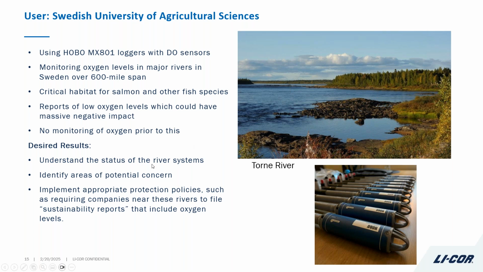They want to identify areas that are at a higher risk, and they want to consider implementing policies to protect those waters, such as having industries near those waters file sustainability reports that include oxygen data. So they're trying to stay ahead of the game, which is the way to do it.